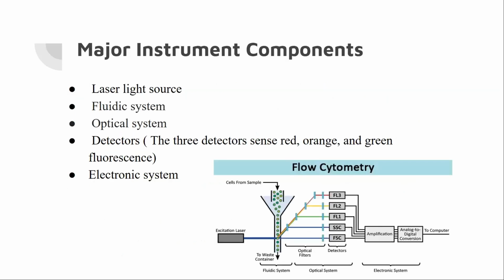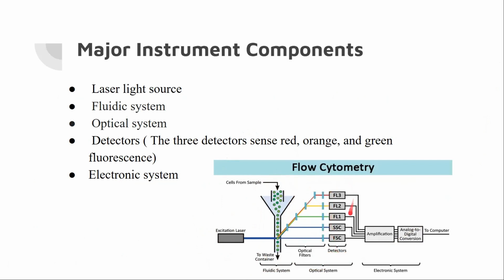So these are some of the basic components and instrument parts of a flow cytometer. We have a laser light source. We have a fluidic system that transports the sample through the instrument. We have the optical system, which diverts the light into the detectors.